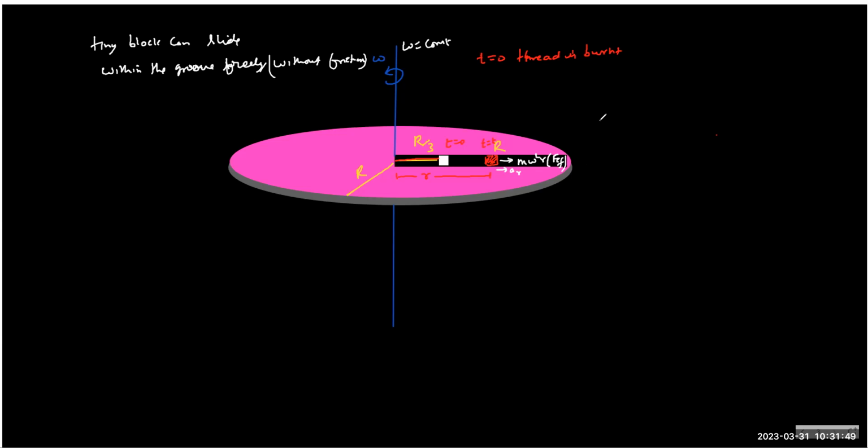Laws of motion, come on. What are you thinking? Laws of motion in the disk frame. We are only going to solve in the frame of the disk, no? So basically, in the disk frame, all forces must be balanced. Think about it for one minute and tell me.